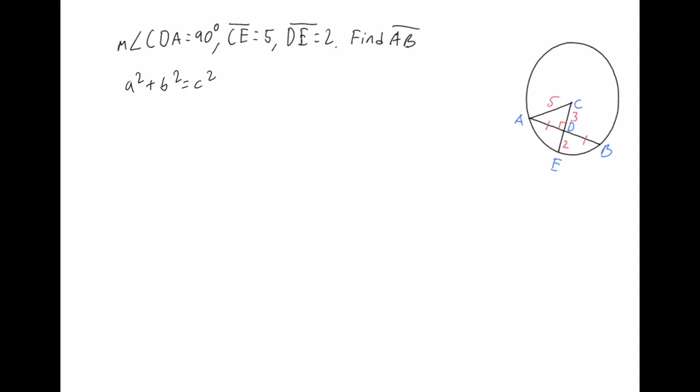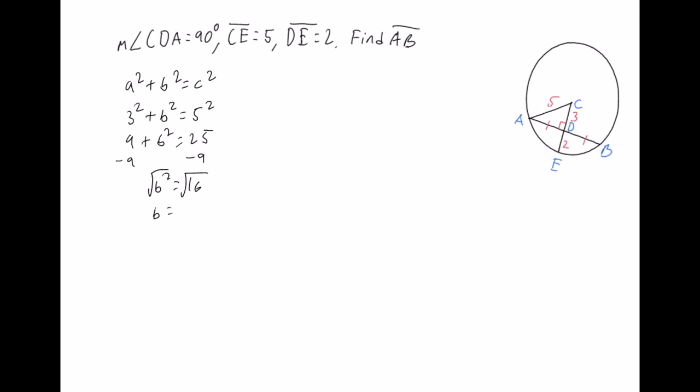So in this case, 3 squared plus B squared equals 5 squared, or 9 plus B squared equals 25. Subtract 9 from both sides. B squared equals 16. Square root both sides.